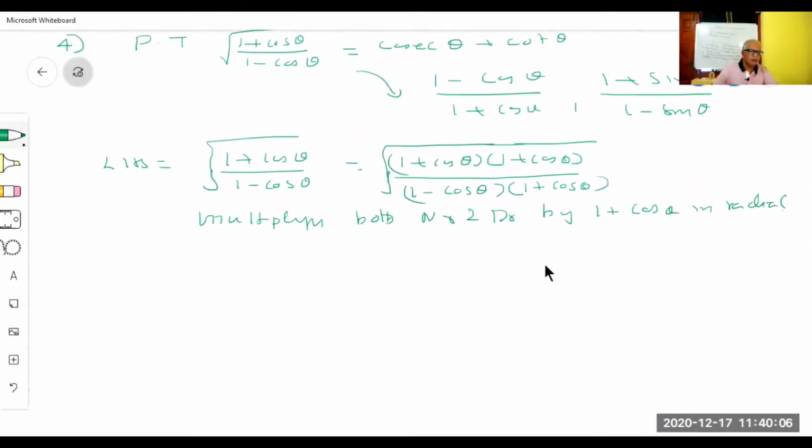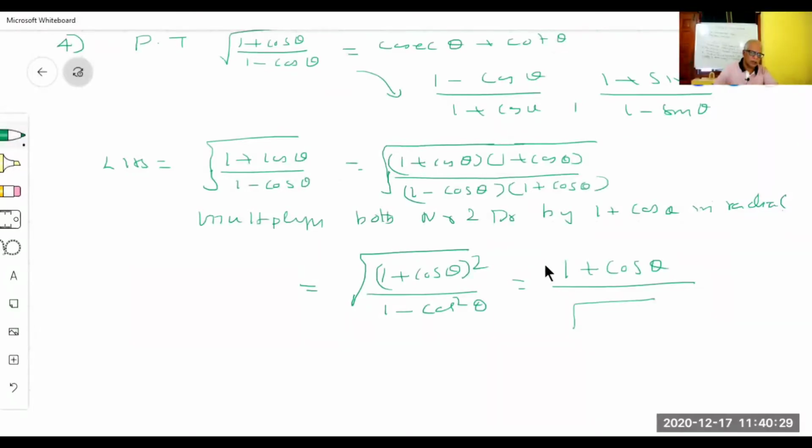Any different form you'll do by that one. The root problem is the method you do it. So 1 plus cos theta the whole square divided by 1 minus cos square theta. So what will you get? 1 plus cos theta, the root goes, root of 1 minus cos square theta is sin square theta.